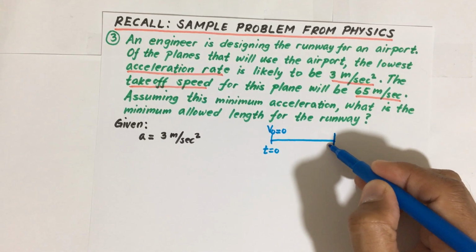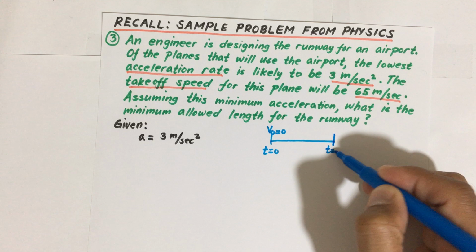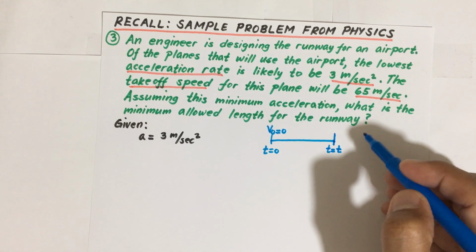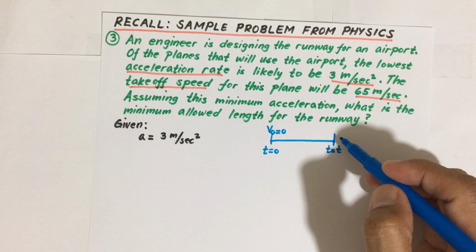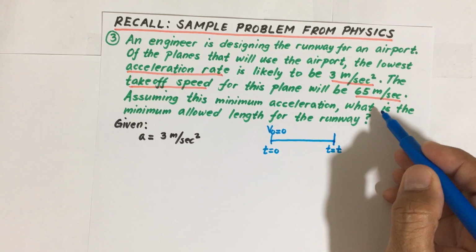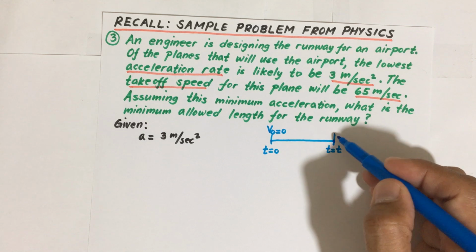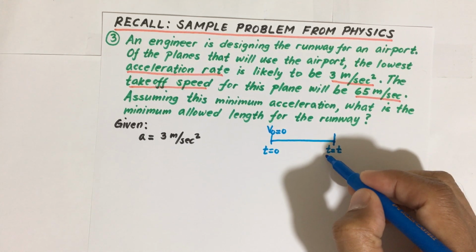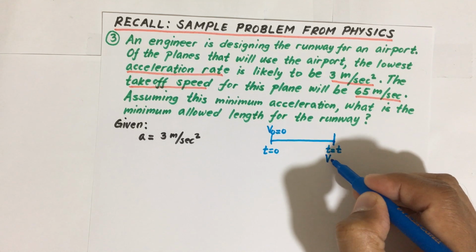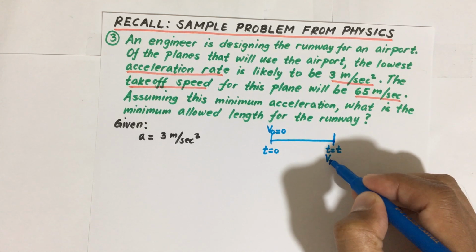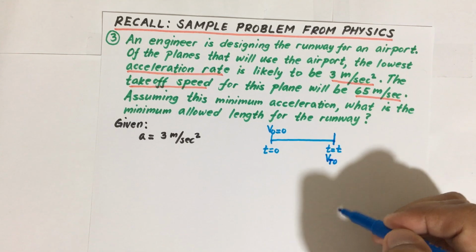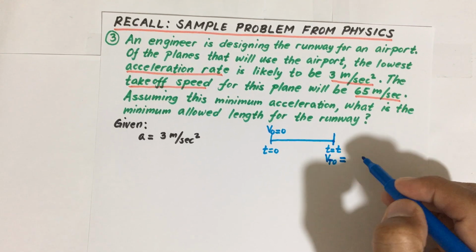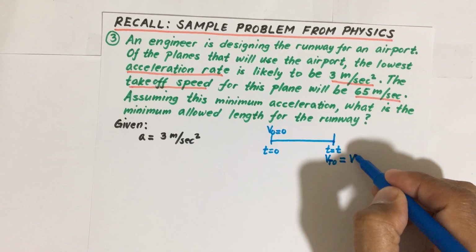Okay, so we have here t equal to a certain value which we don't know yet. At this point where the plane takes off, we have what we call the takeoff velocity. We can call this TO for takeoff velocity, and we can let this be equal to V in our formula.